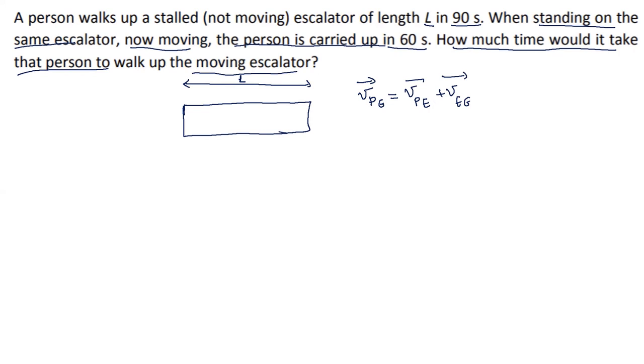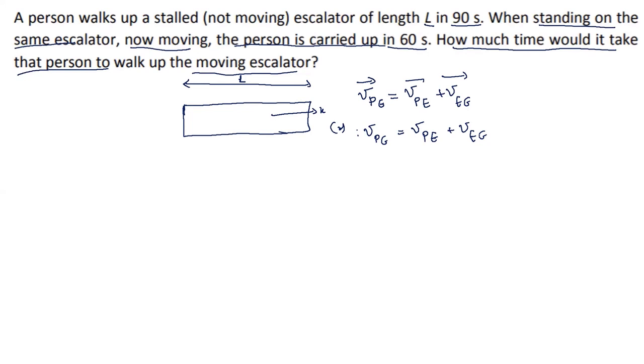Everything is moving in one dimension, so let me consider this as the x direction. Along y, nothing happens. So along x, I will just have v_pg equal to v_pe plus v_eg. Velocity of the person with respect to the ground is velocity of the person with respect to the escalator plus velocity of the escalator with respect to the ground.